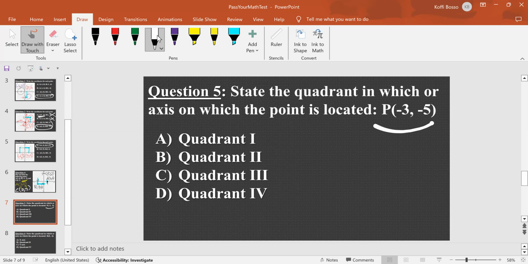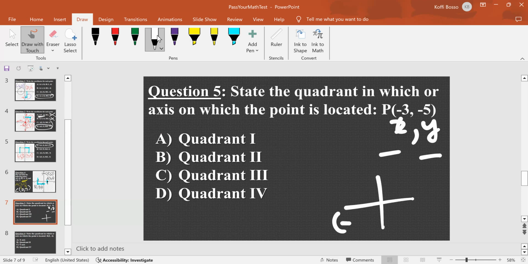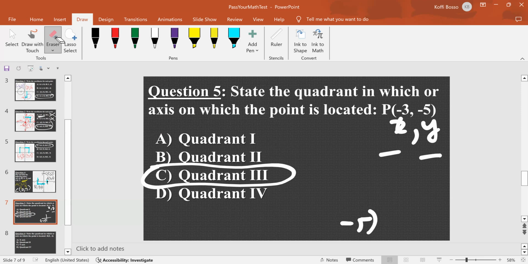Remember again, sometimes the point could be on an axis or it could be totally in a quadrant. So we have x comma y, negative, negative. Remember, negative, negative means we are in quadrant 3. So therefore, it's the correct choice.